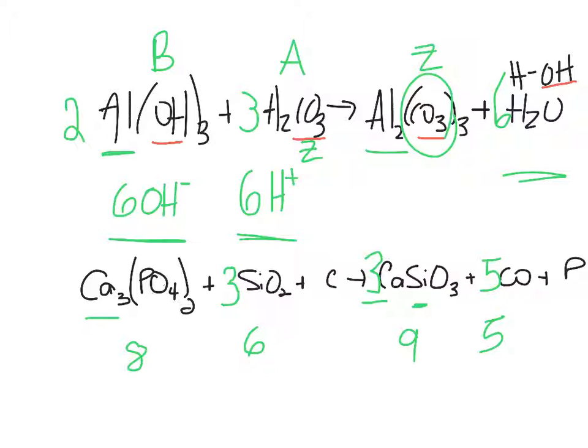I first picked calcium because it's a metal. But this compound also contains silicon. So I did that next. Because I put the 3 here, so then I did Si. Once I did Si, because I put a 3 there, I've changed my oxygens. So that's why I did oxygen next. When I put the 5 here to finish off oxygen, it's with a carbon. So I picked carbon next.